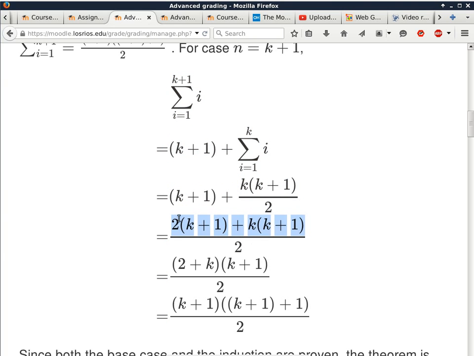Going from this line here to the third line, I cannot highlight these things correctly. I think it has to do with how the MathML is formatting the whole thing. But if you look at this line versus the third line here, that's really just the math. I take k plus 1 and say, hey, I want to combine the first term with the second term, so I need to have a common denominator.